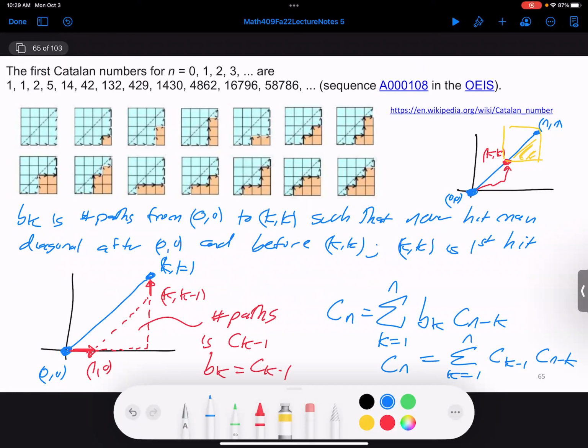What should it be? We want the sum to start at 0. We would want c_k c_(n-k). So it's close, almost what we want for a convolution.